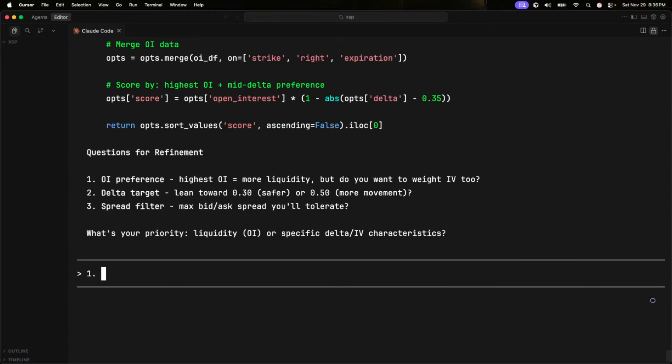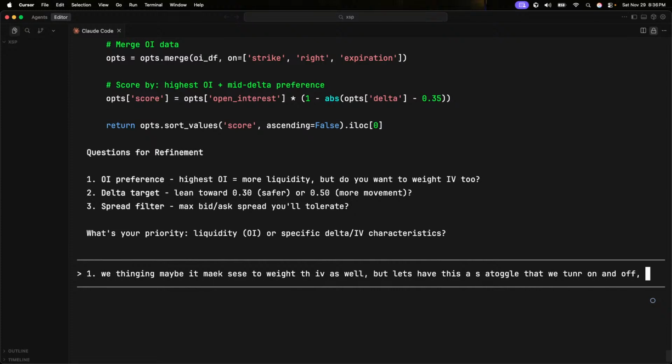One, we think that maybe it'll make sense to weigh the IV as well, but let's have this as a toggle that we can turn on and off.